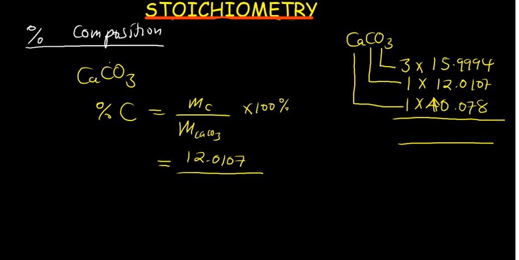So this is the mass of calcium carbonate, 100.0932. And then we're going to multiply by 100% to find the percentage for carbon. So that is 12.0107 divided by 100.0932, and then multiply by 100.